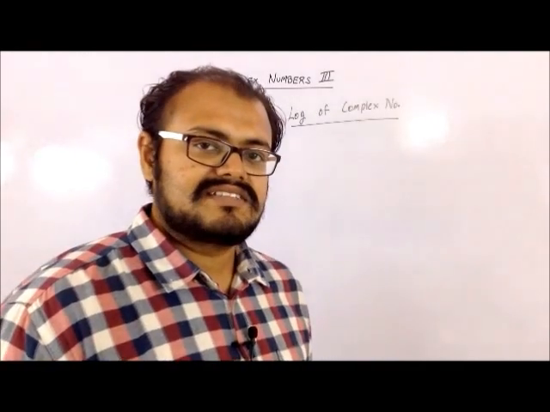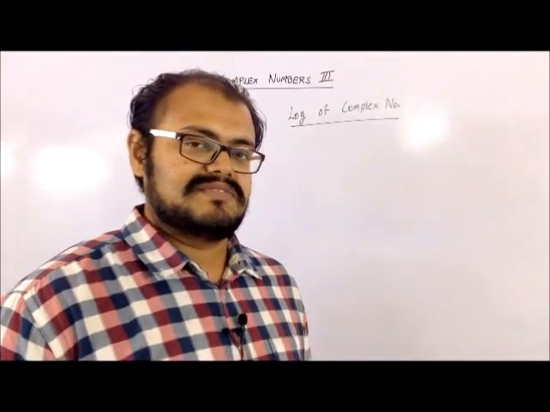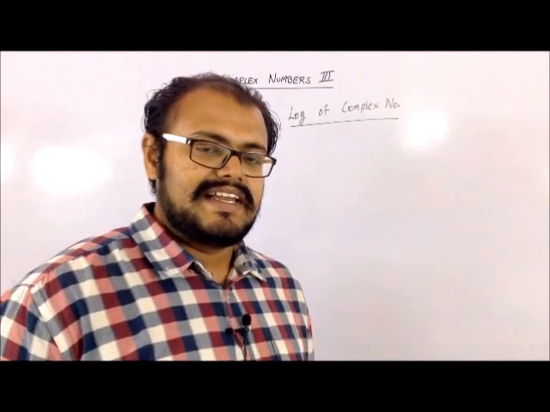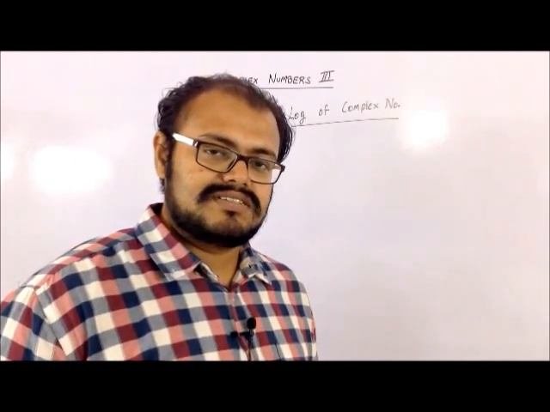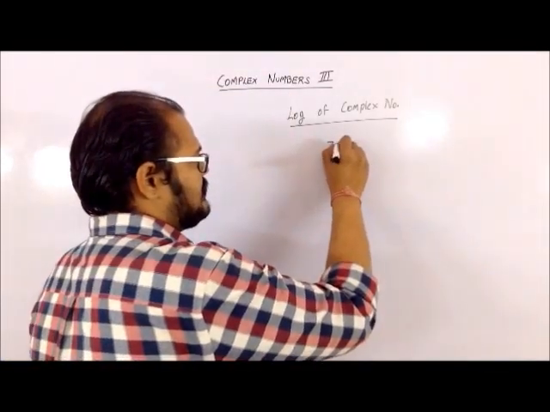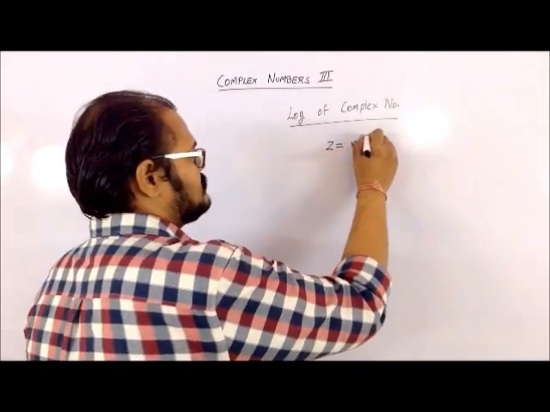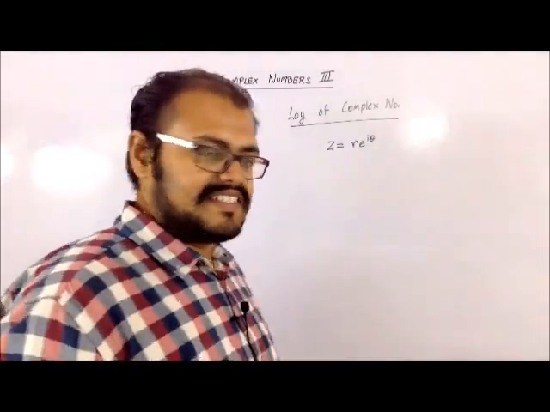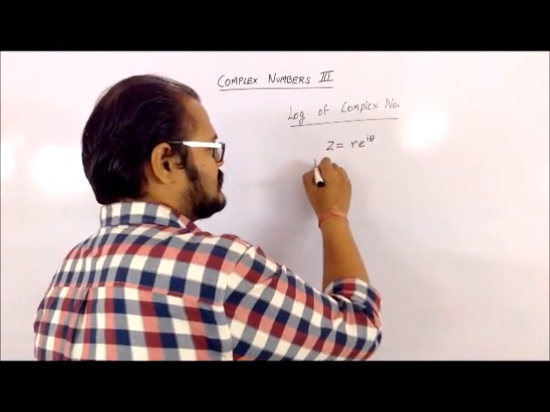The next topic is finding log of a complex number. Now when you are taking log of a complex number, let us consider the Euler's form of the complex number, which is given by z equals r e raised to i theta. Now if I want to find log of z, I can just take simply log of this.